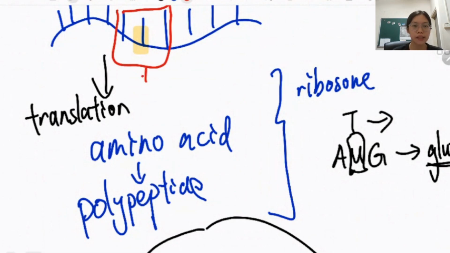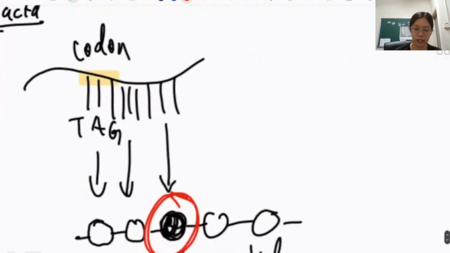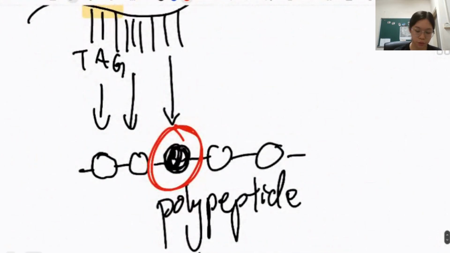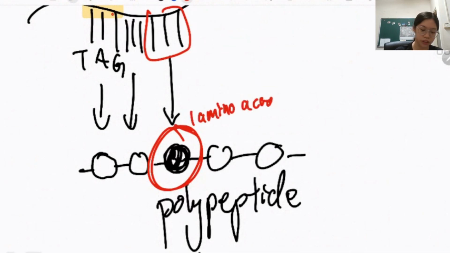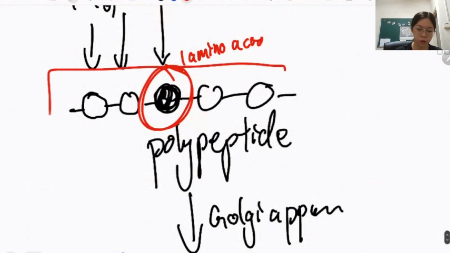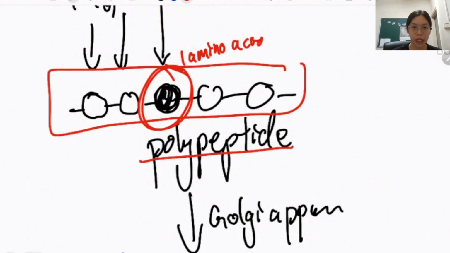Many amino acids join in a chain together. One codon forms one amino acid, and because there are so many codons, many amino acids form and join together to form a polypeptide.